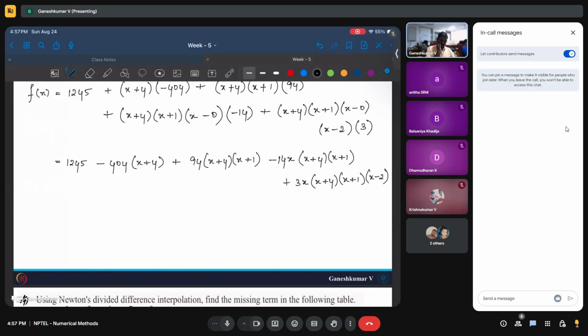Okay, you can simplify this further. Then you will get a fourth order polynomial. You have 4x multiplication here, so you will get an x power 4 polynomial.